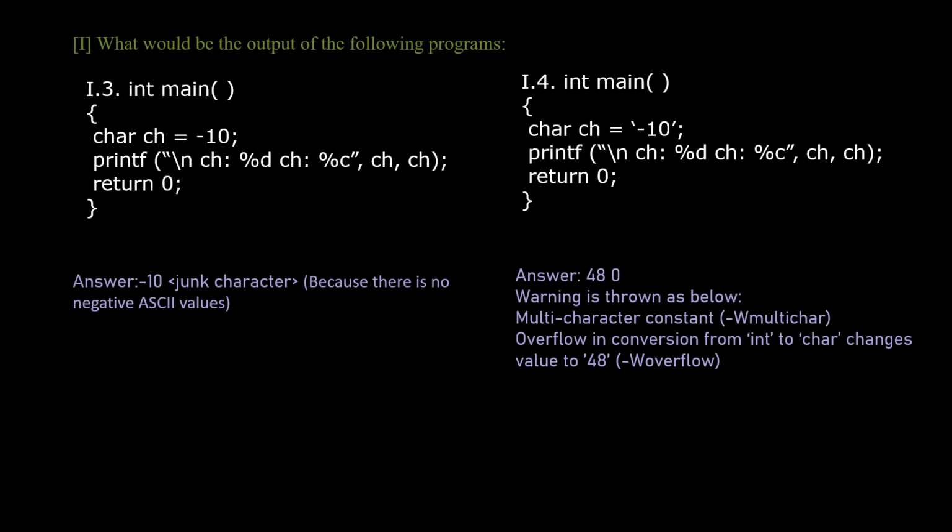So %c of ch is going to print 0, and due to the multi characters it is going to assign 48, which is the ASCII value of 0, and that gets printed in %d.